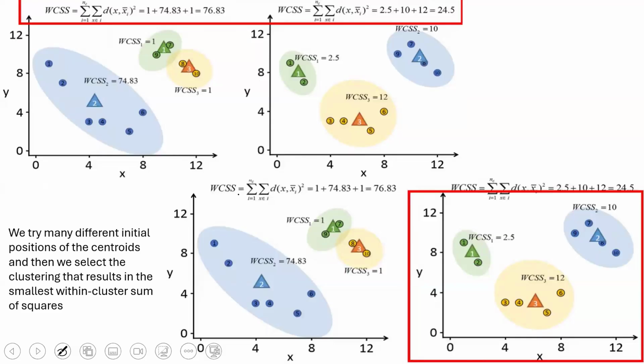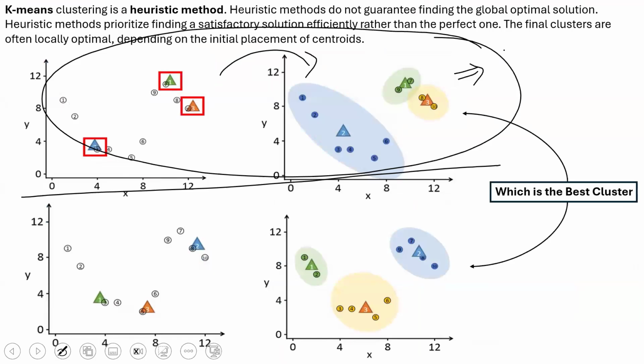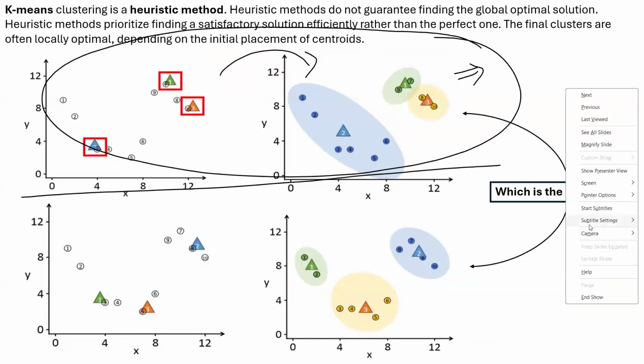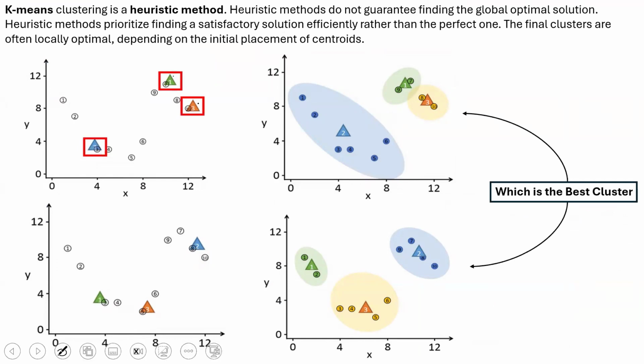Now for this clustering algorithm, these are the two outputs that we have got for the k-means clustering. For the first case, when you choose these points as the centroids, you get this cluster one. This is the output that you have gotten.